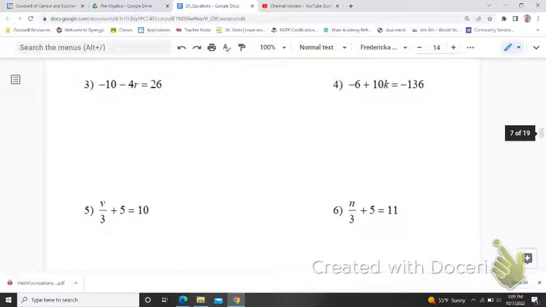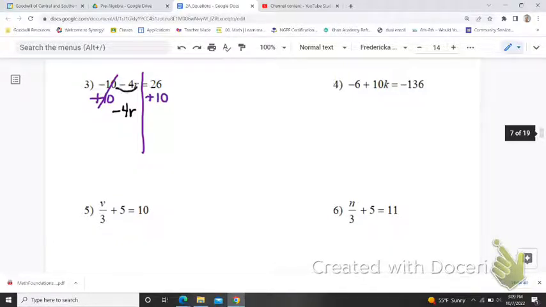So for number 3, I'm going to put my line here and add 10 here. So when I say on both sides, under the negative 10 that I'm trying to get rid of, and then on the other side of the equal sign, those cancel out. I have negative 4r.